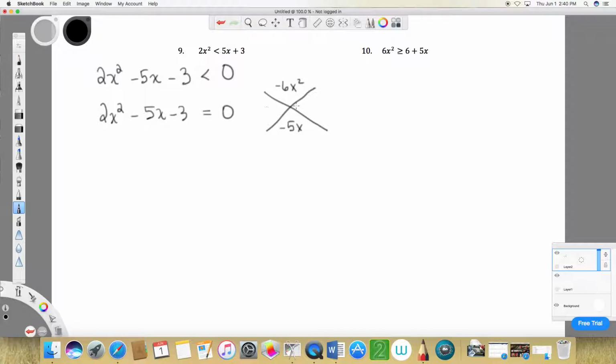I think of two numbers that, when multiplied together, give me the top value, but added together give me the bottom value, and negative 6x and positive 1x do the trick. With this leading coefficient not being 1, at least it's prime. Some people will still be able to do it in their head, but when this is different than 1, most of you will need some organized way to factor this, and this X method provides that.